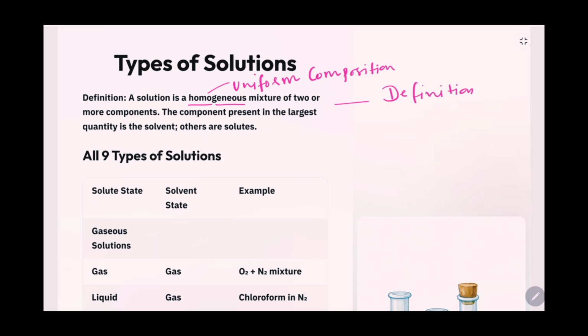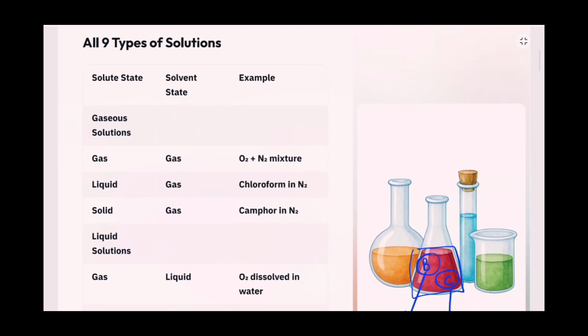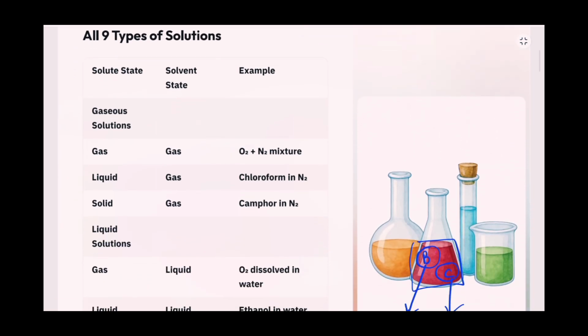Now let's go to some examples. There are a total of 9 types of solutions in this world based upon the physical state of the solution. What is the criterion for the classification?